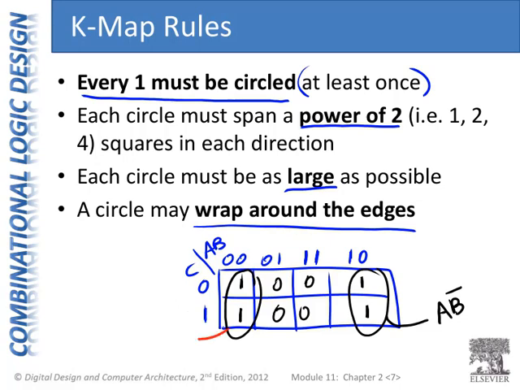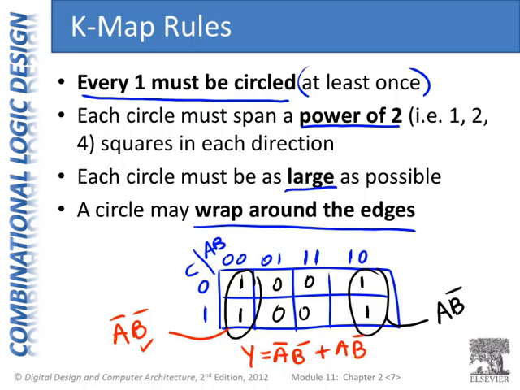And for this circle on the left, we get A bar and B bar. Again, C has the true and complement forms covered, and so C is not part of that prime implicant. So we may do this and then write our equation. Y equals A bar B bar, or A B bar.